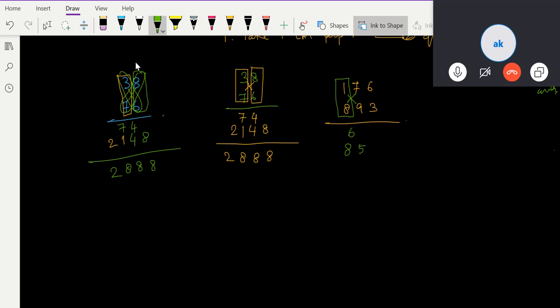Next step, 8 into 6, 1 into 3 and 7 into 9. So 8 into 6 is 48, plus 3 into 1 is 3. 51 and 63. How much is that? 114. How will I write this? 114.